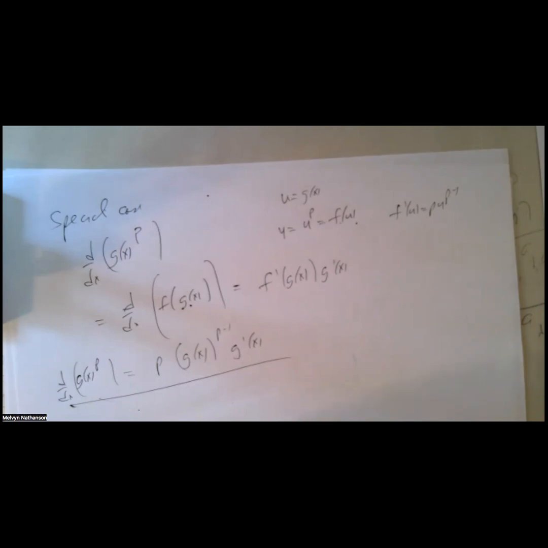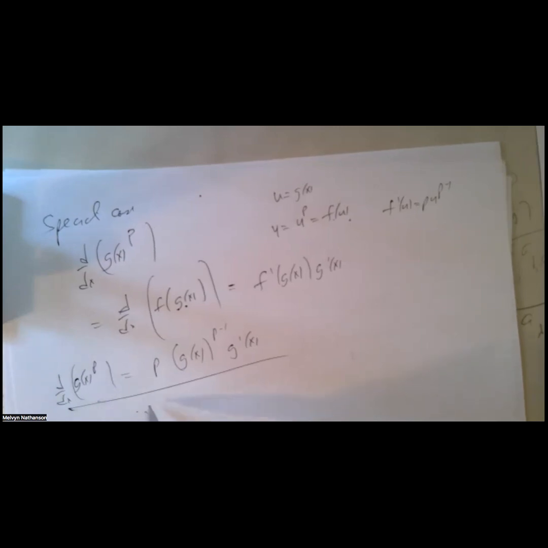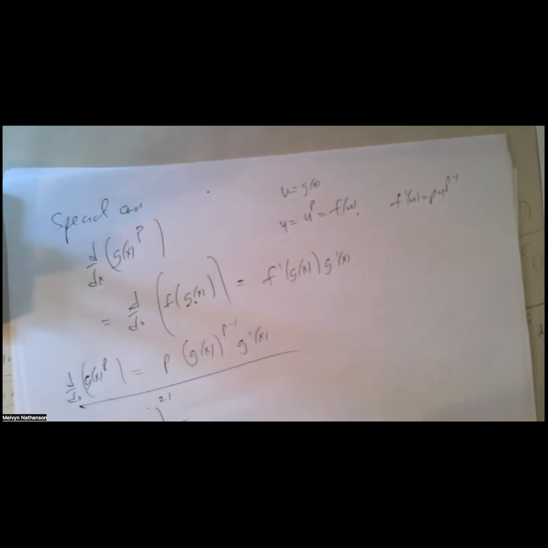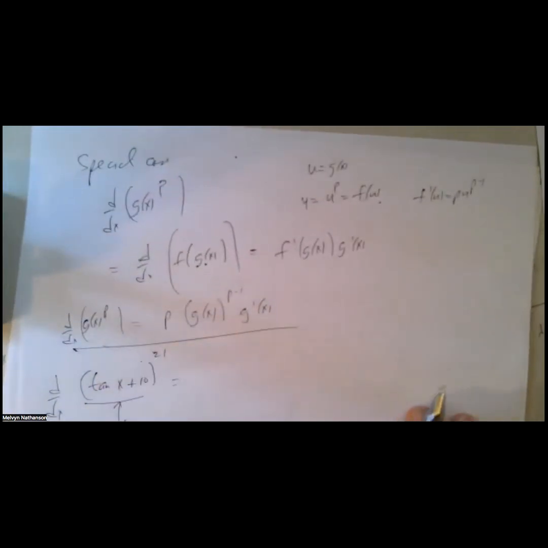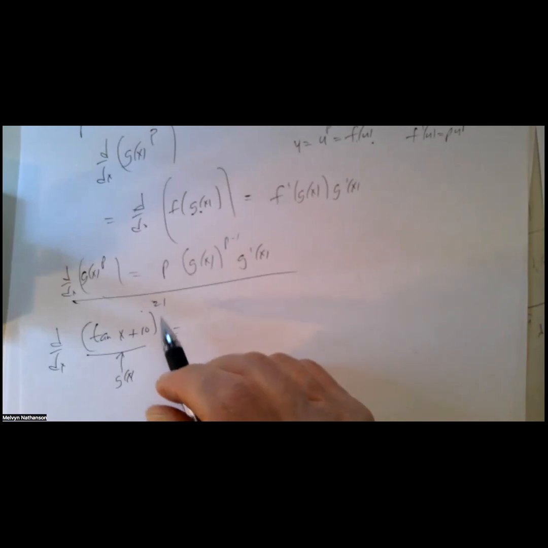So if you have, for example, the function tangent x plus 10 raised to the 21st power, what's the derivative of this? So this is my function g of x. So this is going to be p, and p is equal to 21.